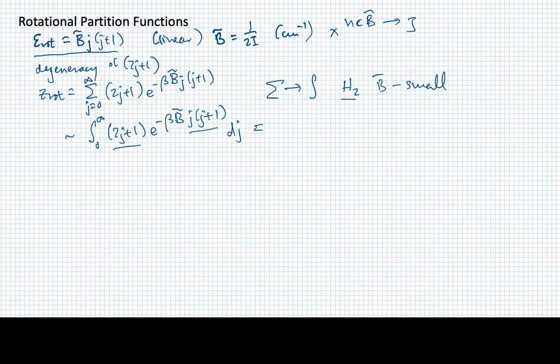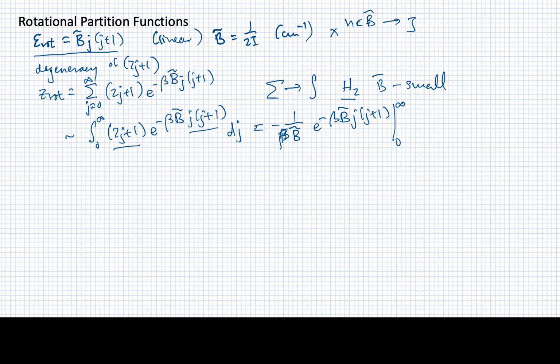And we find that this integral is equal to minus 1 over beta times the rotational constant B, times e to the minus beta B J(J+1), evaluated now from 0 to infinity.